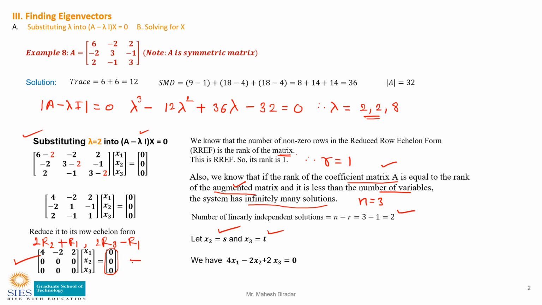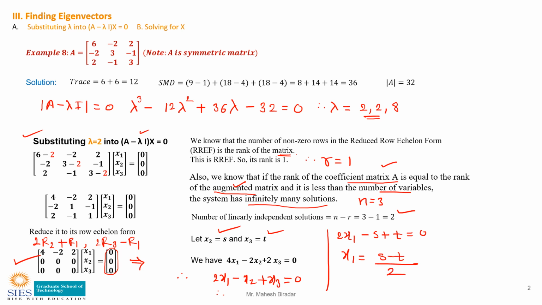If you write this given matrix equation as a linear equation, there is only one equation: 4x1 minus 2x2 plus 2x3 is equal to 0. Here you can divide by 2, so you will get 2x1 minus x2 plus x3 is equal to 0. Or you may write twice x1 minus s plus t is equal to 0, or x1 is equal to (s minus t) divided by 2.